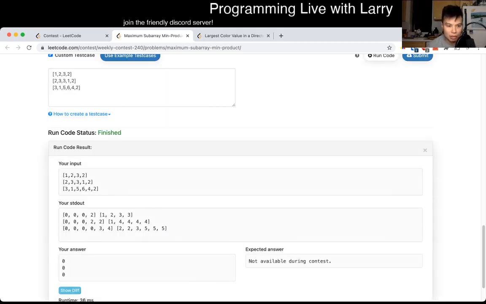I don't know. This is still wrong though. Did I do it in the wrong order? Because I do it here, it's 3, that's fine. This is 3, that's fine. 2, this should not be 2.